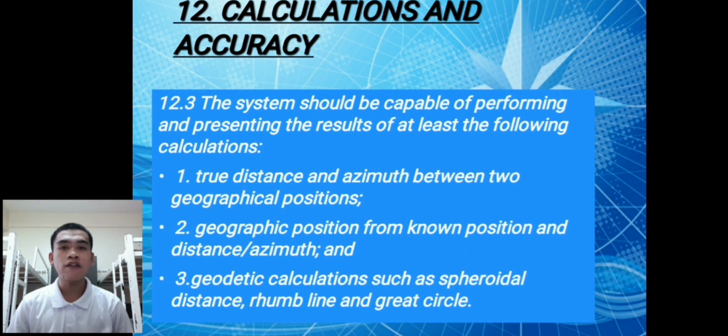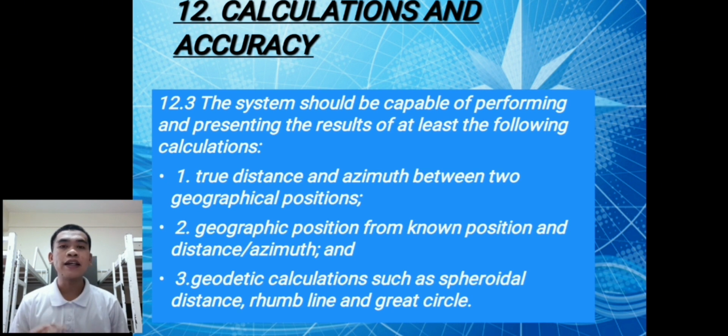Number 12.3 of the performance standards. The system should be capable of performing and presenting the results of at least the following calculations. So these calculations include number 1, true distance and azimuth between two geographical positions. Number 2, geographic position from known position and distance or azimuth.